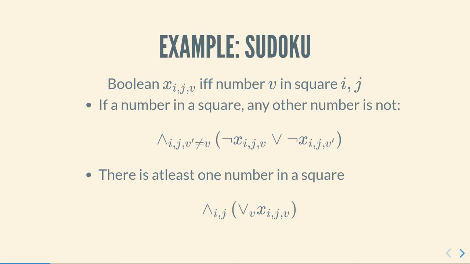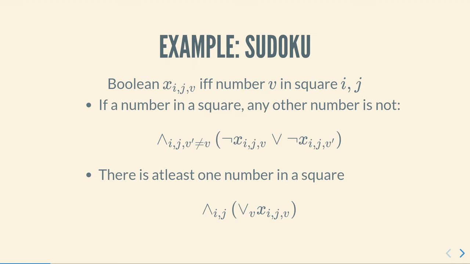Now, another example of a constraint is that not only can there not be two or more numbers in a square, but there must be at least one number in the square for it to be a solution. So for all i and j, x_ijv for some v must be true. That is an AND over ij, because we have one constraint for every ij, and then an OR of x_ijv over all the v.